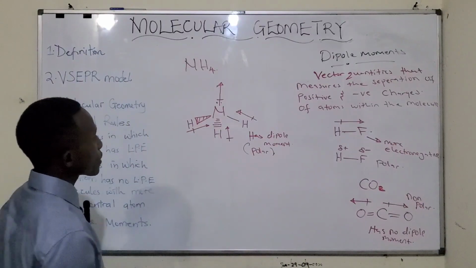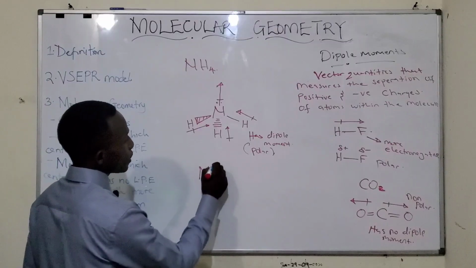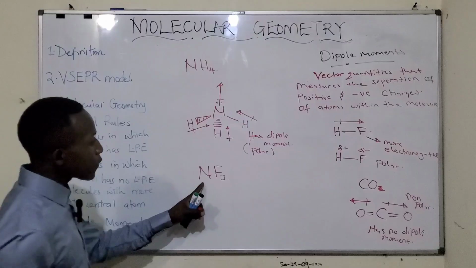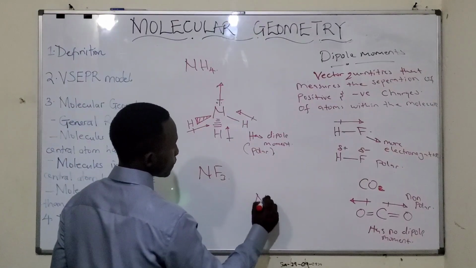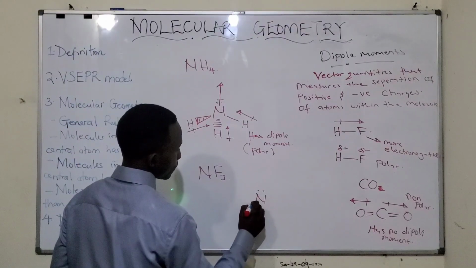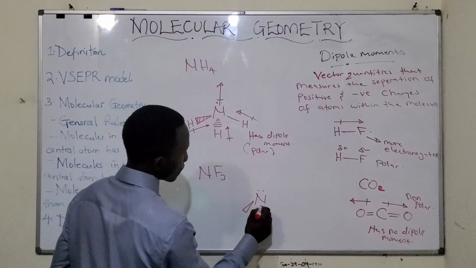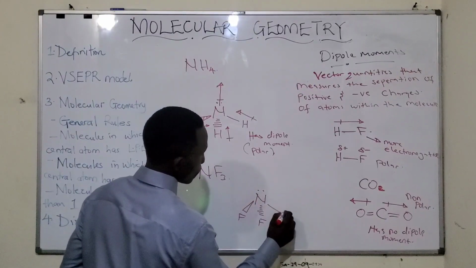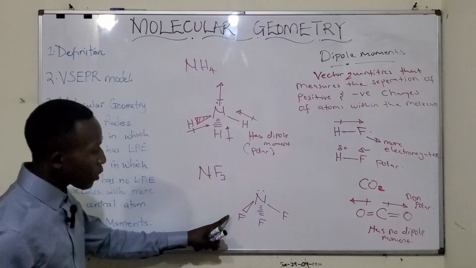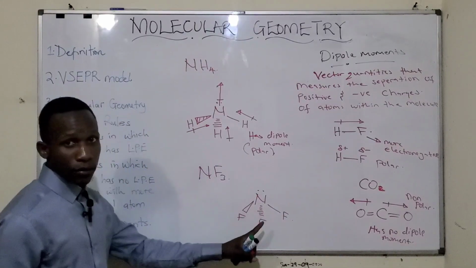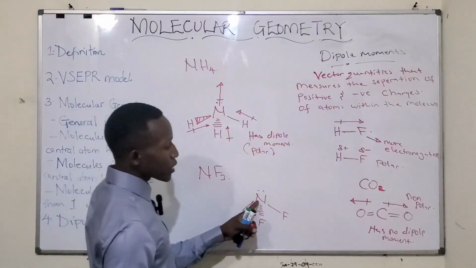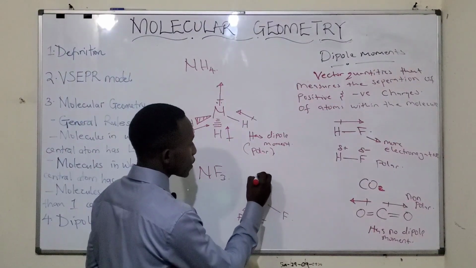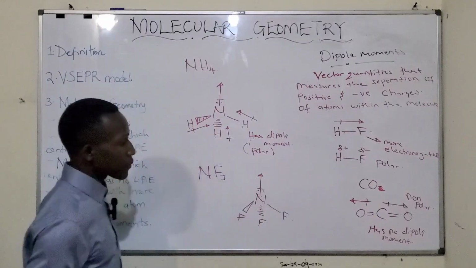Let's have another example: nitrogen trifluoride. In nitrogen trifluoride, we have almost the same structure as this. Remember, fluorine is more electronegative than nitrogen. But nitrogen also has a lone pair of electrons, so its dipole goes like that.